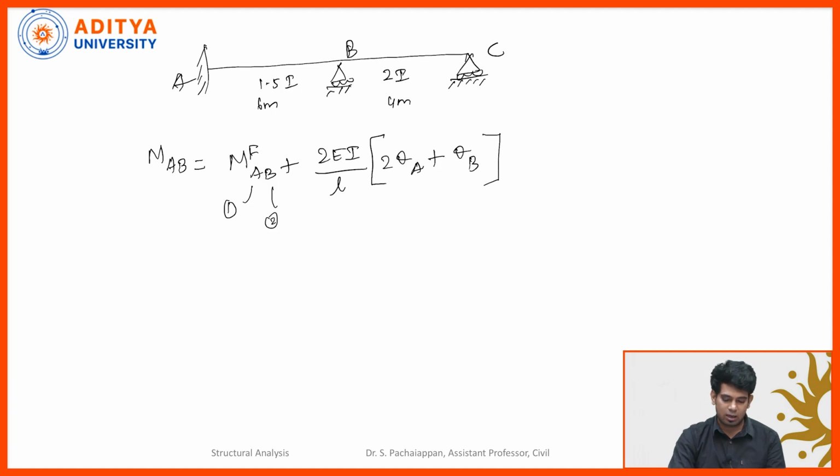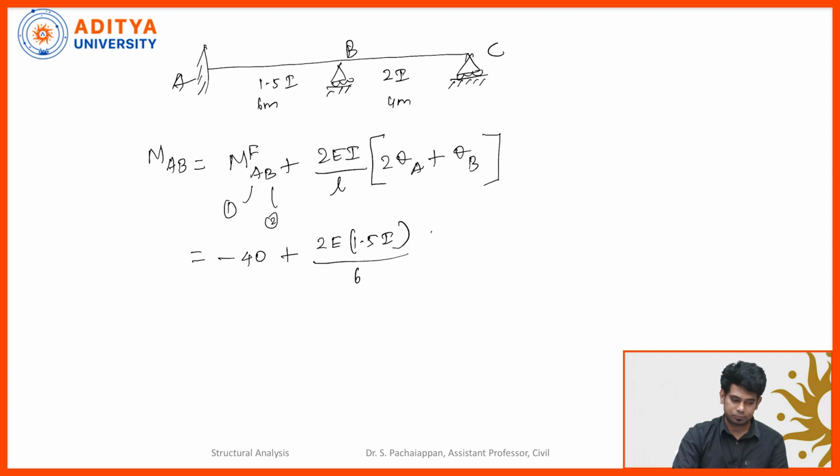Okay. So simplifying this, we will be getting MFAB, which we have already calculated, as minus 40, plus 2 multiplied by, and I forgot to substitute the value of span. Let me substitute it here. So 2 times of E, the span AB I value is 1.5 times of I divided by the span 6 meters. Okay.